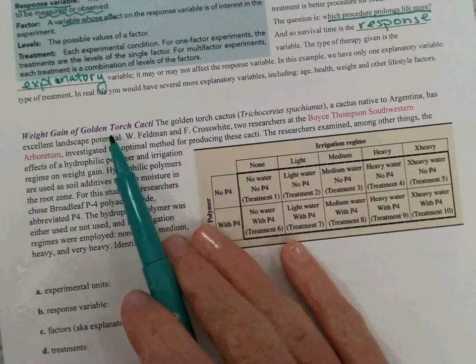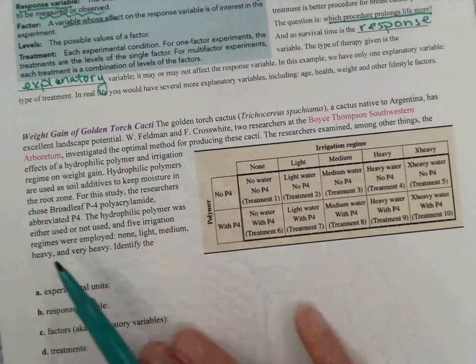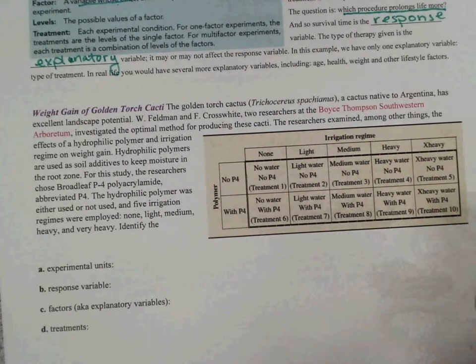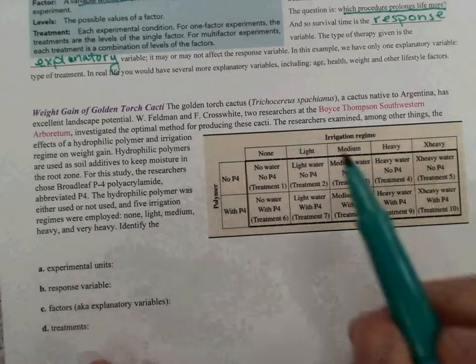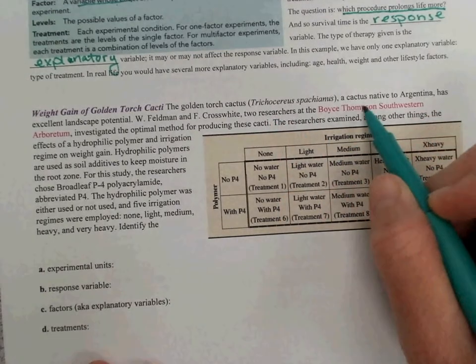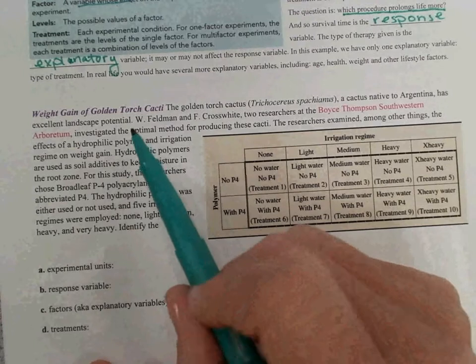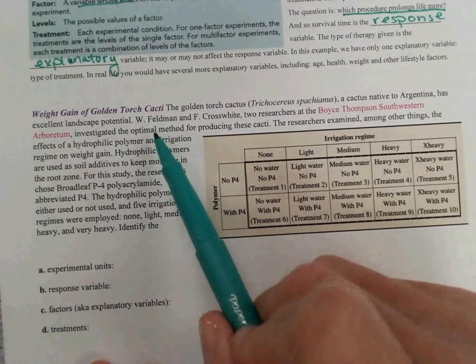Weight gain of the golden torch cacti. So here we're going to look at one last example of a designed experiment. The golden torch cactus, a cactus native to Argentina, has excellent landscape potential.